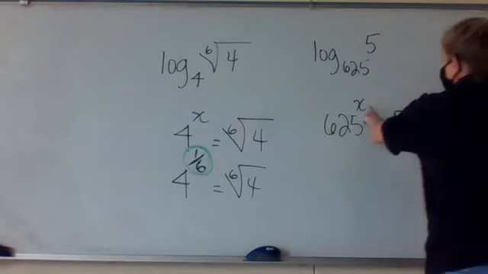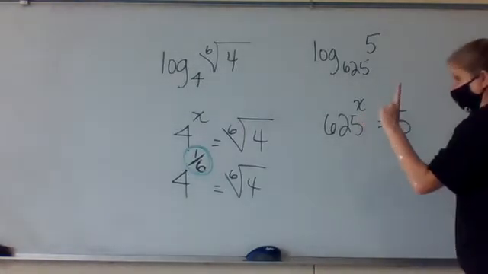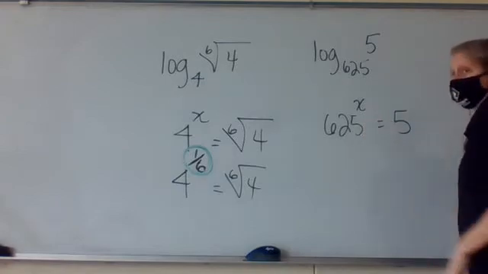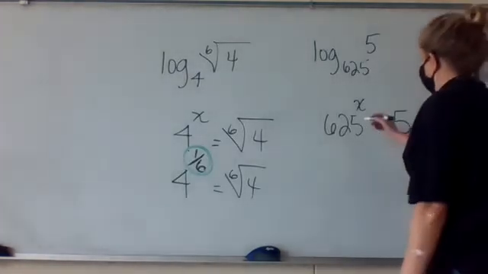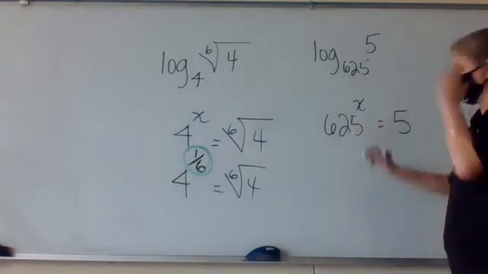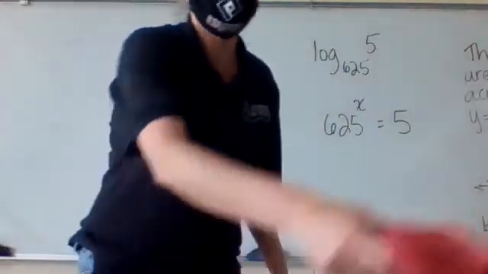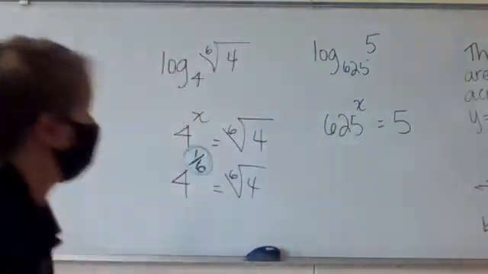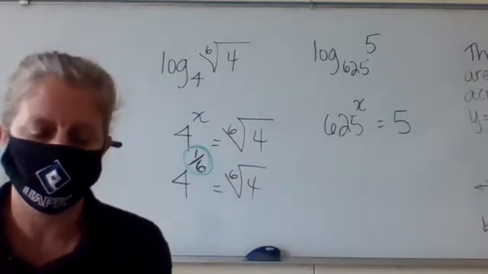I don't need this to be a whole number because even 625 to the first power is going to be what? 625. That's way too big. So I'm going to need to take some kind of root, right? So I need to turn this into a radical, to take some kind of root of 625 to turn it into 5. Again, you can put that in your calculator.